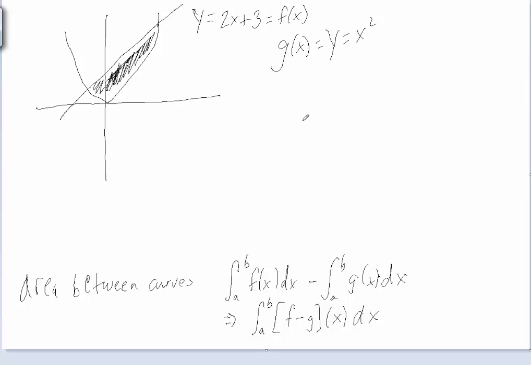So basically, we've got these two values of x. x equals 3. And how I did that was solve the system of equations.